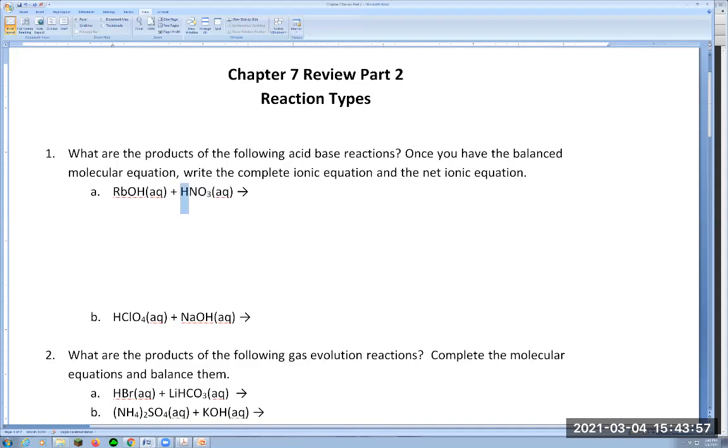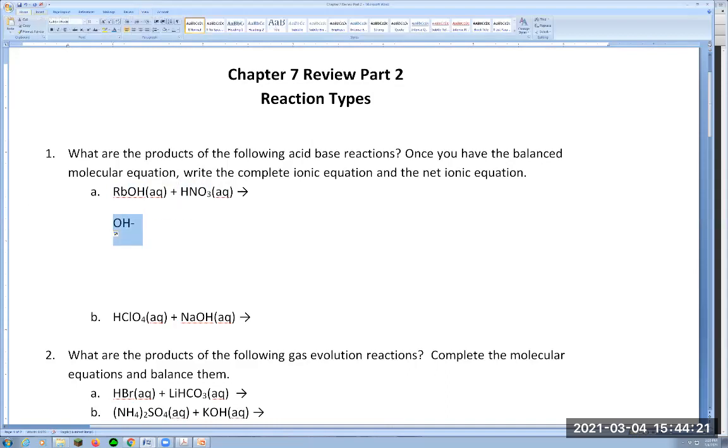And then the base is a strong base, and we recognize strong bases because they have the OH minus ion in their formula, which is the hydroxide ion. OH minus ion is the hydroxide ion, and that's what makes this a strong base.